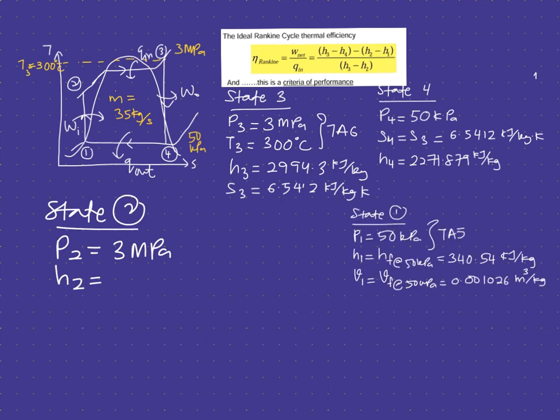For state 2, in looking for your H2, there is another special relation where your work pump is equal to specific volume at 1 times your pressure at 2 minus pressure at 1.